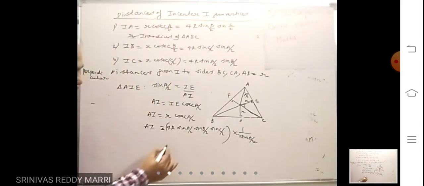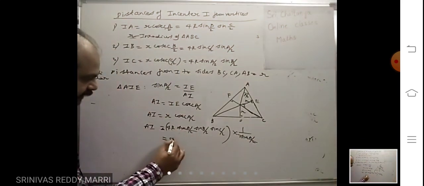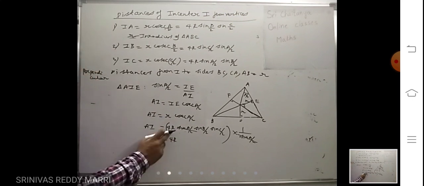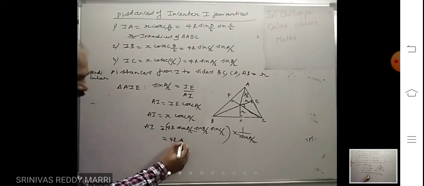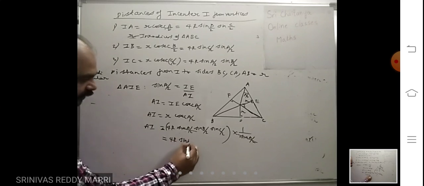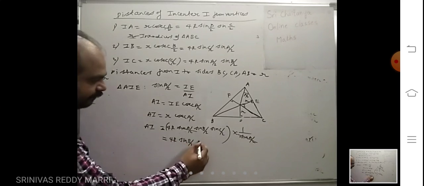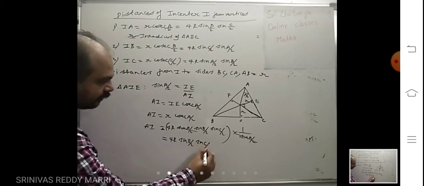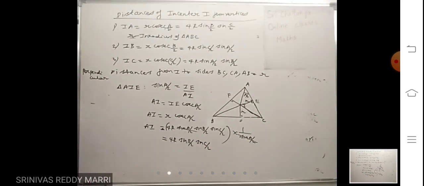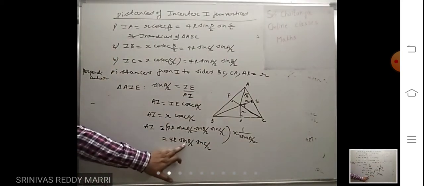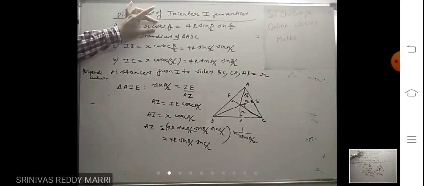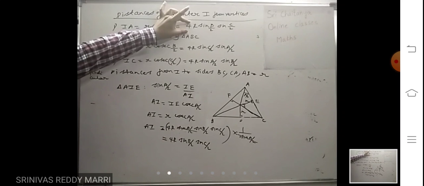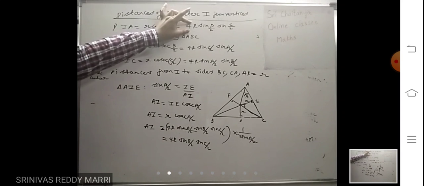This sin A by 2 and this sin A by 2 will get cancelled. r has a formula in terms of angles, I have told the formula. So this is nothing but 4R sin B by 2 sin C by 2. So this AI you can use either r cosecant A by 2, or 4R sin B by 2 sin C by 2.